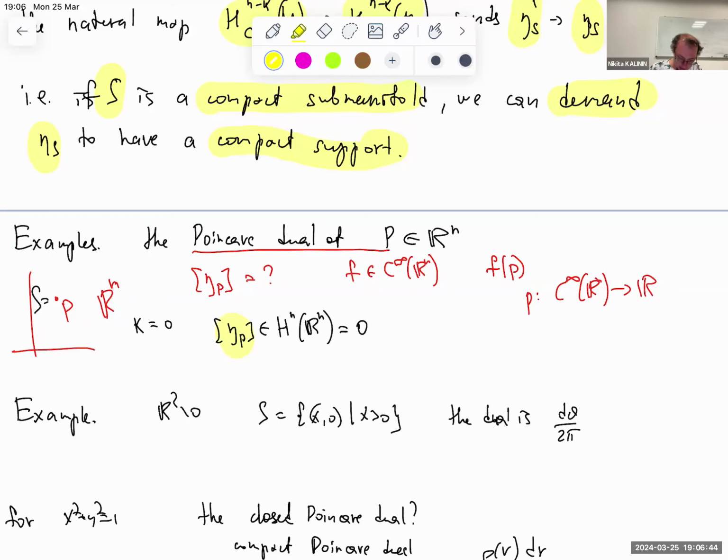So it should be just any closed n-form. Just any. You see, it's just trivial.